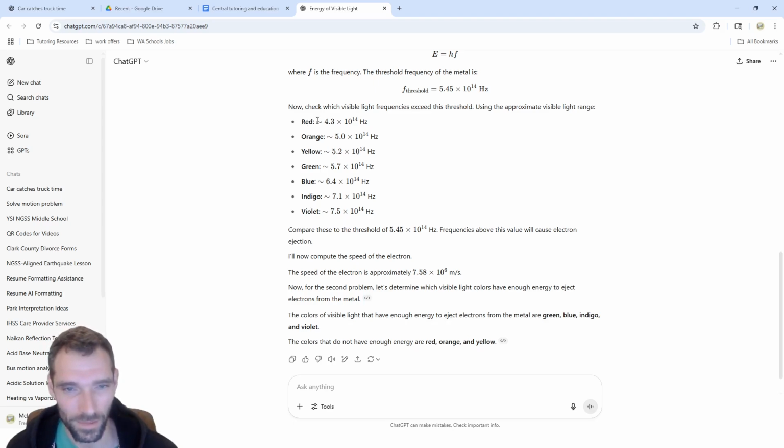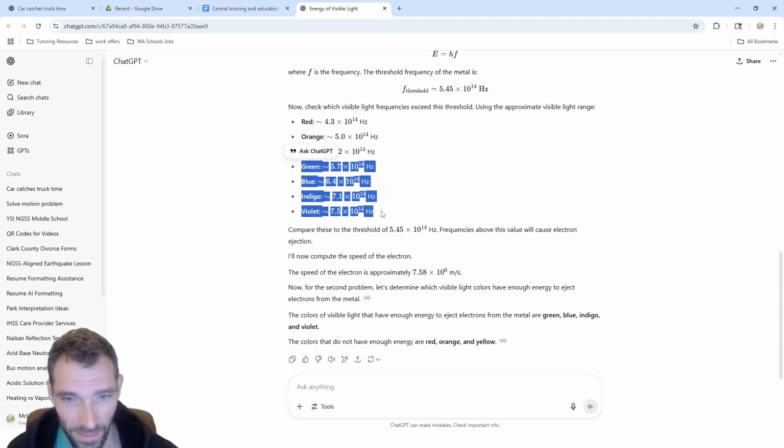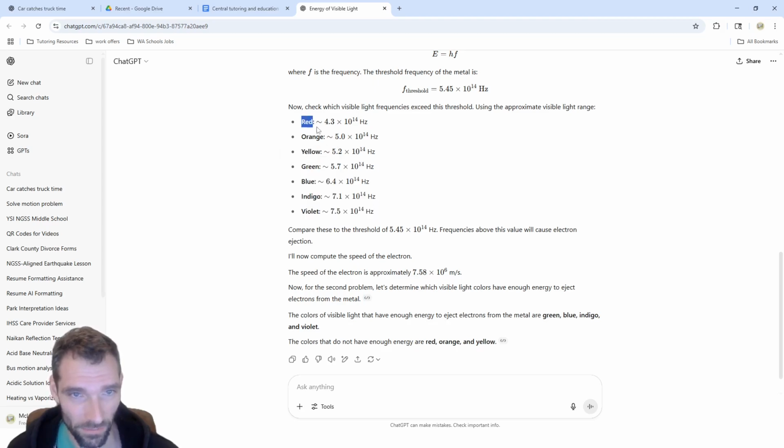It is able to determine that some of these things have enough energy just from these numbers. You're probably going to struggle with doing that. As you can see, there's the green, the blue, indigo, and violet. These have enough energy to eject, and then the red, yellow, and orange do not. But you might be like, wait, how does the frequency relate to the energy?